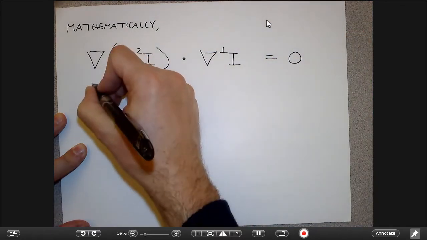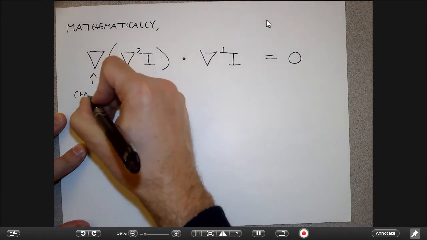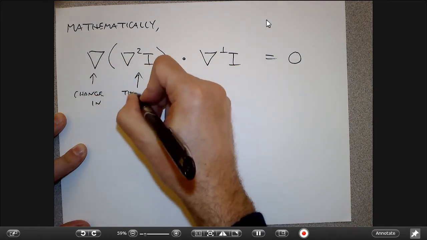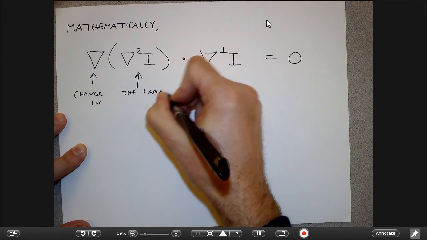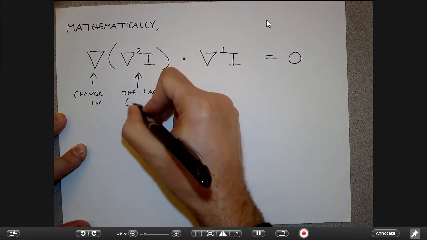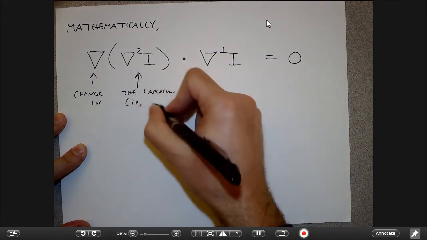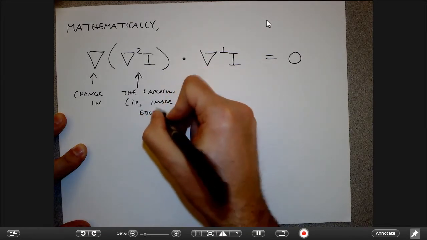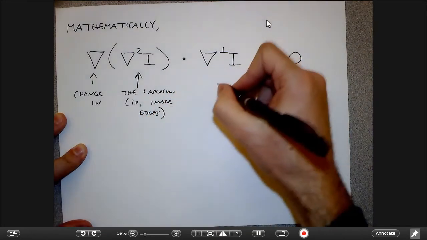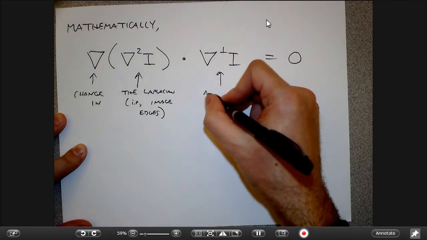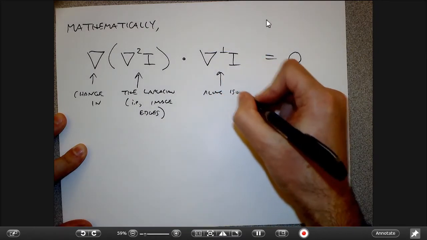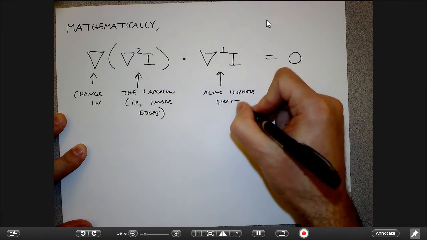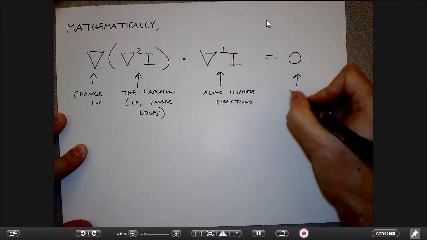This is like saying the change in the Laplacian, that is image edges, along the isophote directions, should be 0.